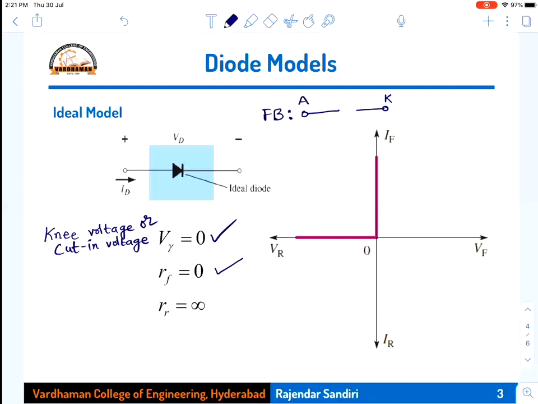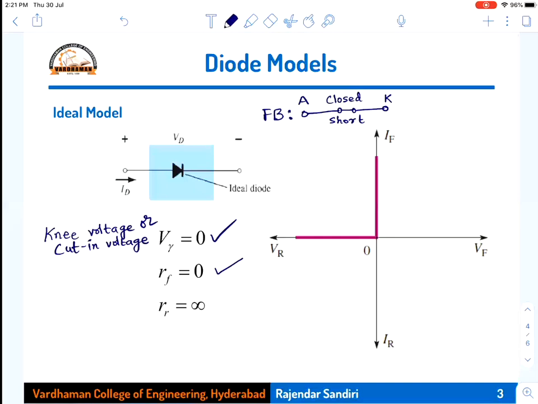So an ideal diode will act like a switch. In forward bias, the switch is closed, or it is short circuited, and the diode current ID will be flowing.